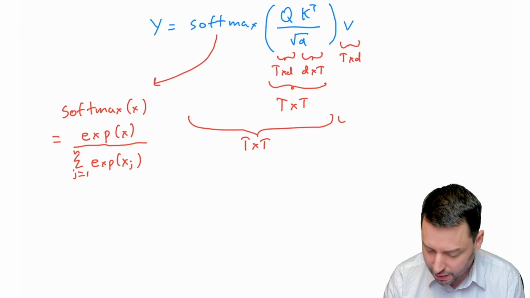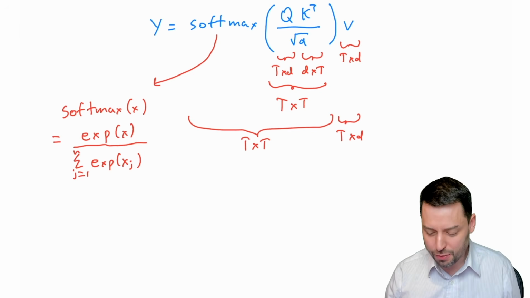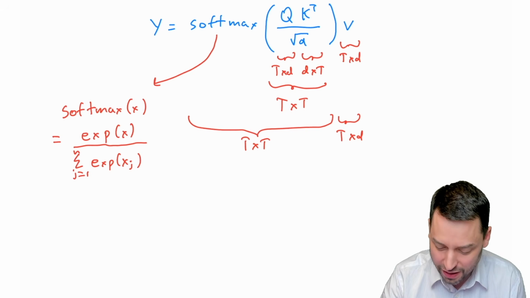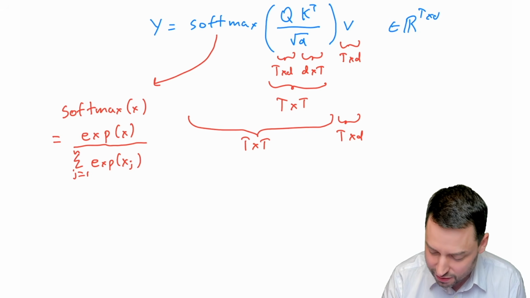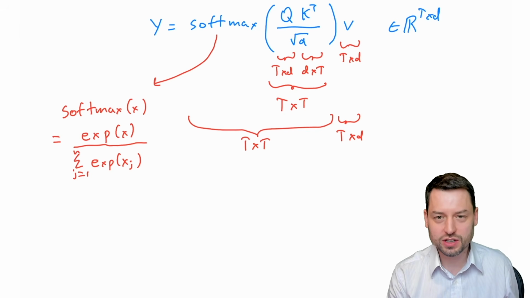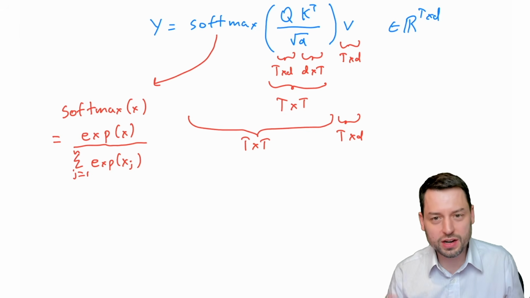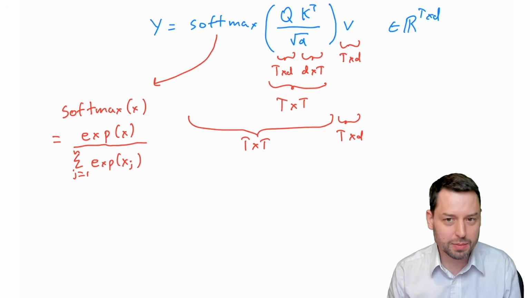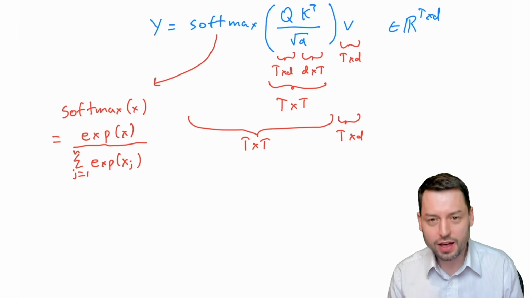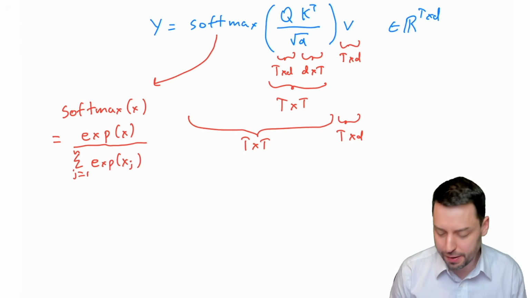And then multiplying by a T by D matrix gives you, as an output, a T by D matrix. So self-attention takes as input three different T by D matrices, but of course, really they're all transformations of the same T by D matrix X, and outputs another T by D matrix. That's at least the most natural way to think about it.